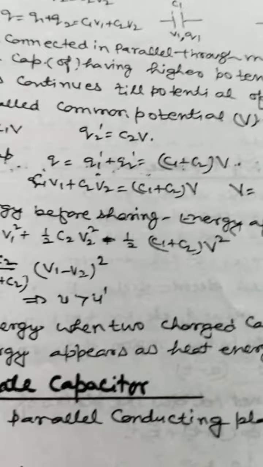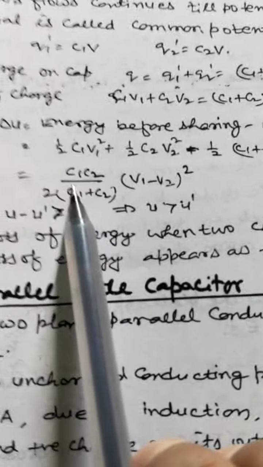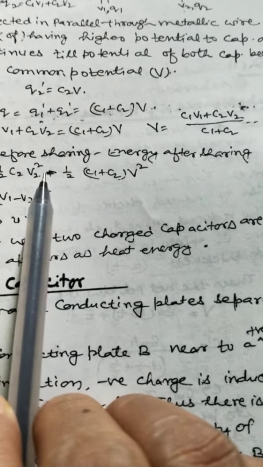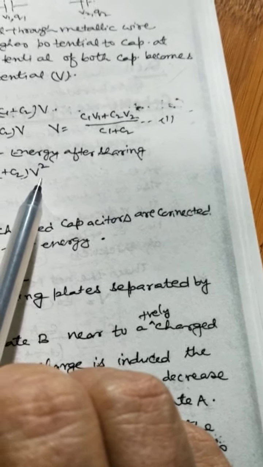So here, energy loss, let us suppose delta U. I am considering the energy before sharing minus energy after sharing. So half C1V1 square plus half C2V2 square minus half (C1 plus C2) V square. Now putting the value of V here.